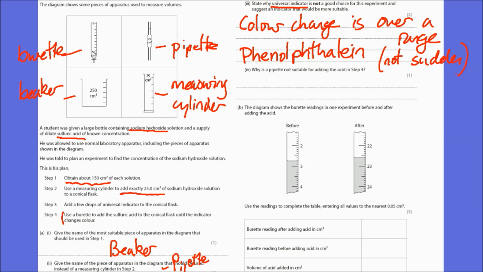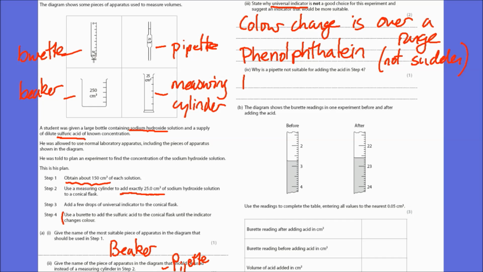The next question asks about the liquid sulfuric acid which is added from a burette. Why is a burette used rather than a pipette? Well, a pipette can only measure one specific volume of liquid, and we don't know how much sulfuric acid is needed to react with our sodium hydroxide solution, and a burette allows us to measure variable volumes of liquid.